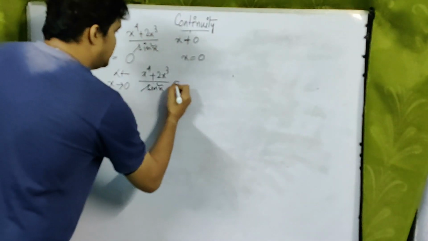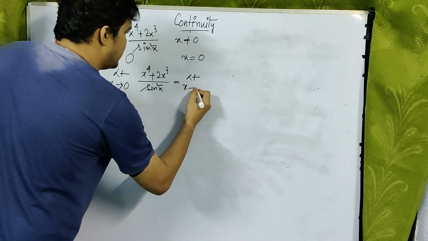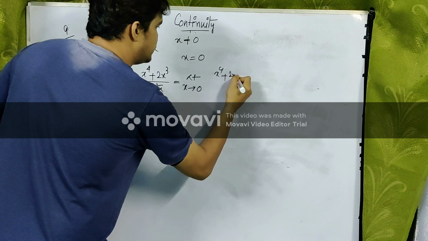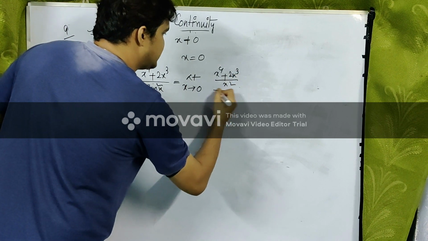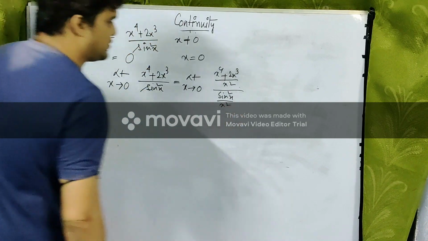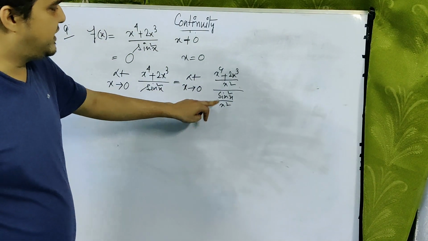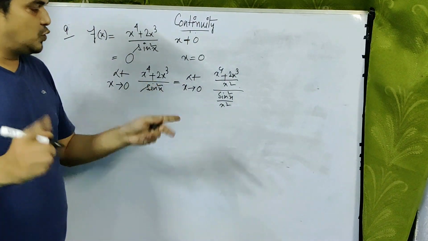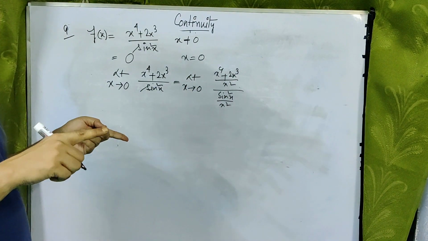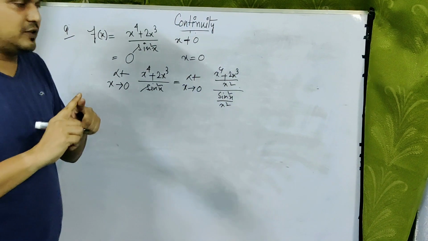So if I divide the numerator and the denominator by x square, what do I get? x to the power 4 plus 2x cube by x square. Here it is sine square x by x square, that means it is sine x by x whole square. Limit x tending to 0, sine x by x, that is equal to 1.